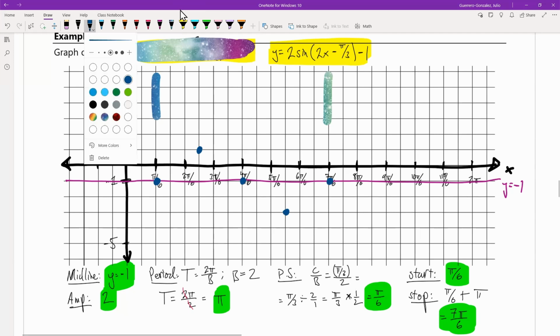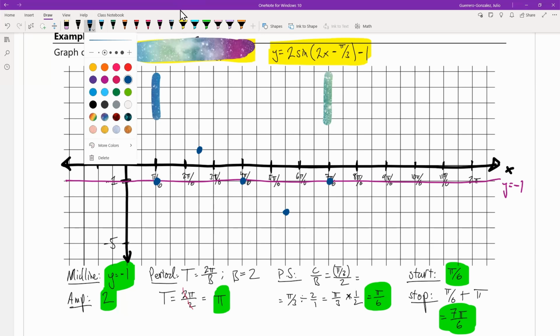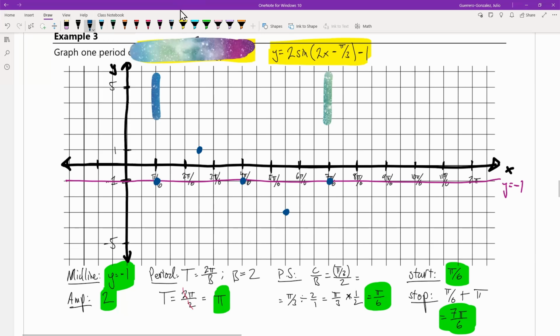Before I draw it in, hopefully you guys see what's going to happen from here. Remember, I can graph these out a little further. I can keep going in terms of the pattern for the points.